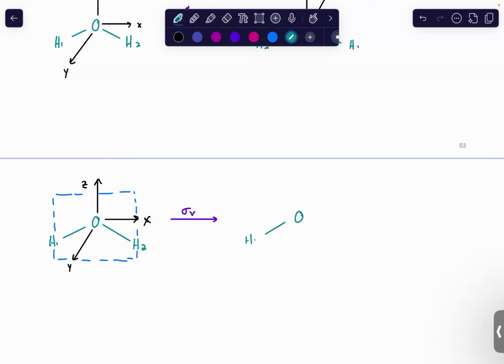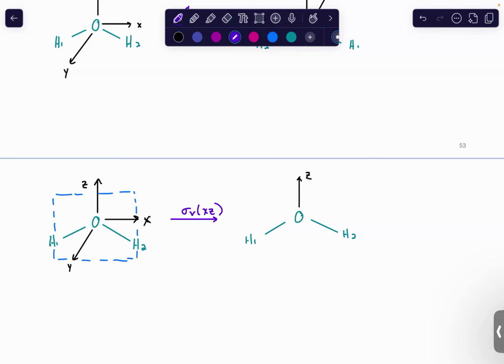Now we know that H1 and H2 are going to stay where they are. Now look, Z is going to stay the same. And so this is why we're going to start putting this in. If you go on Otterbein, you see all these XZ, YZ stuff. This is your sigma v XZ.